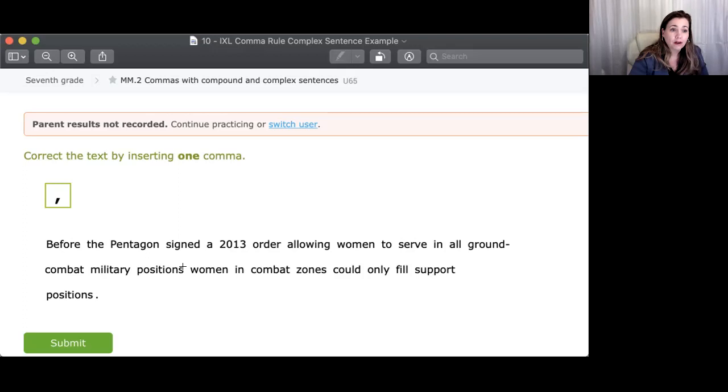So we would want to put a comma right here separating the dependent clause from that. Let's read it with that comma there. Before the Pentagon signed a 2013 order allowing women to serve in all ground combat military positions, women in combat zones could only fill support positions. When we have that natural pause there separating the dependent part of our sentence from the independent part, it does make more sense.